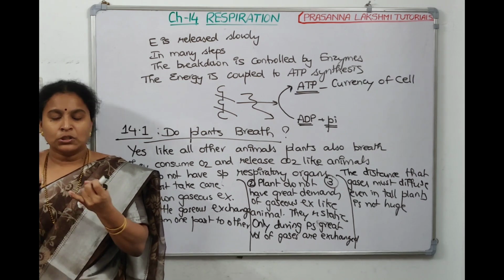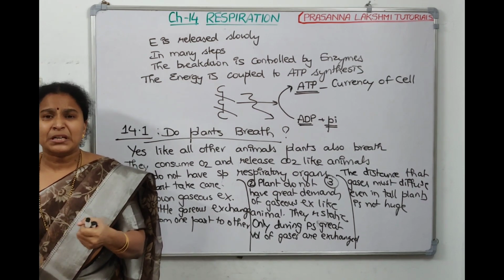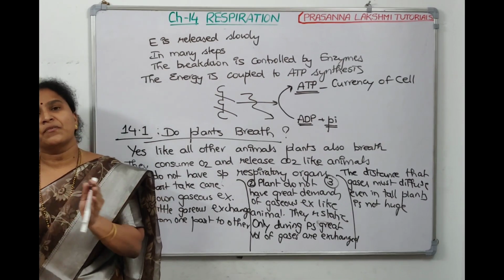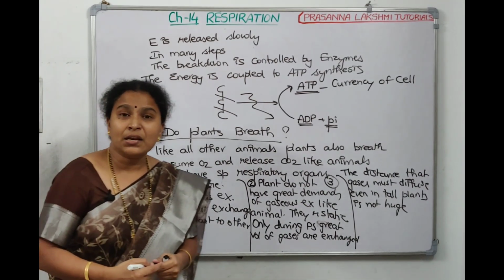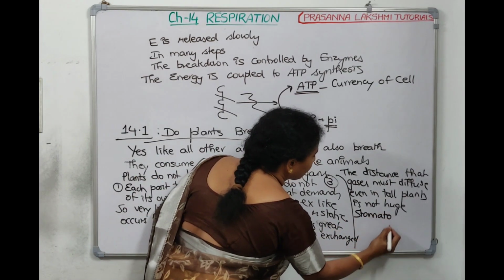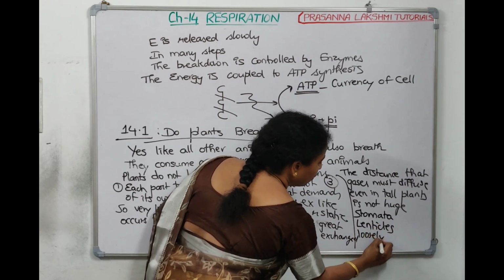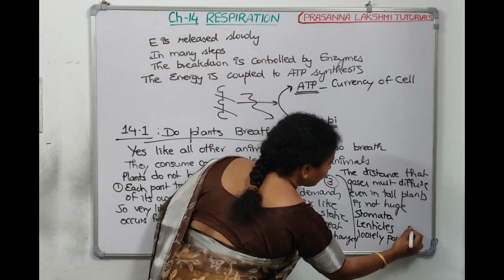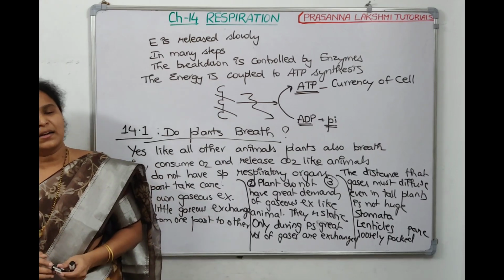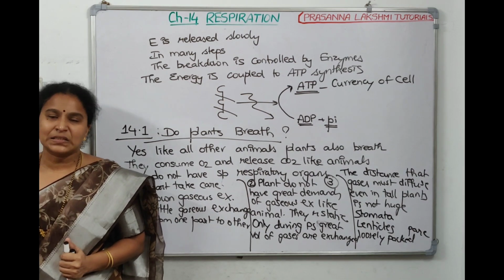Even the inner parts of the plant are in connection with the outer atmosphere, through stomata, through lenticels, or through loosely packed parenchyma. So they can take the respiratory gases directly.